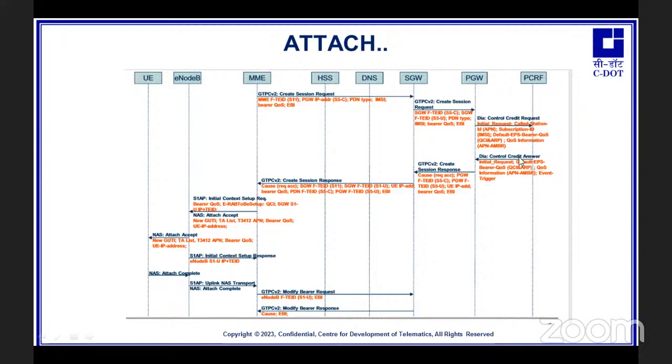PCRF in turn sends this credit control answer to the P gateway with the defined QoS, and then P gateway sends a create session response to the S gateway, and then S gateway sends a create session response to the MME, and in turn MME will send attach accept to the eNodeB, and then the attach complete request comes to the MME. So in that case the attach is complete. Now UE is able to access the data. The logical channel has been formed.